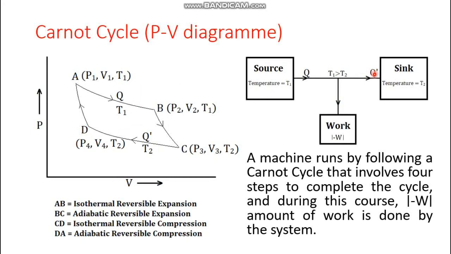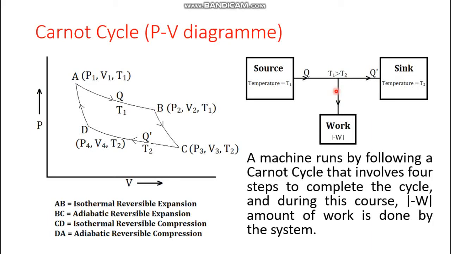After detaching the system from the sink, it is compressed adiabatically, so that its temperature again increases to become equal to that of the source. So this is a cyclic process, and in between some work is produced.